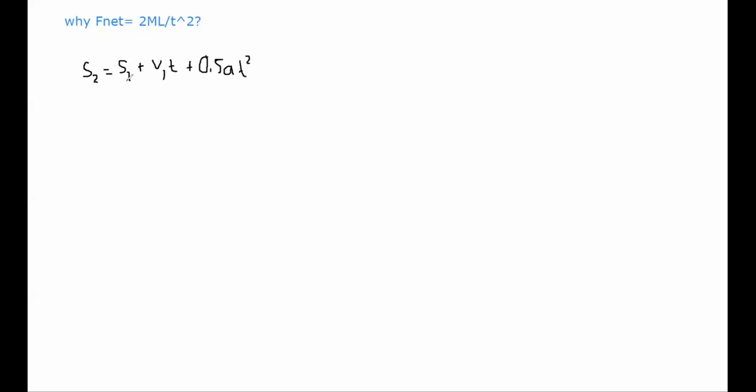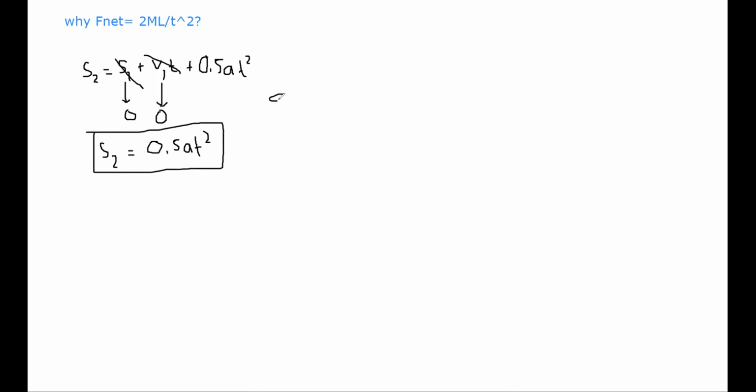Then you assume S1 is 0 and V1t equals 0, so you cancel these out. So S2 equals 0.5at square. Okay, this is one equation.